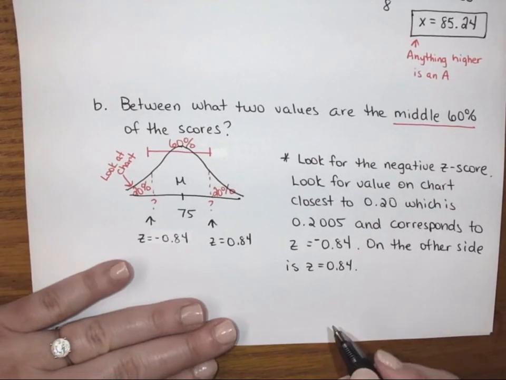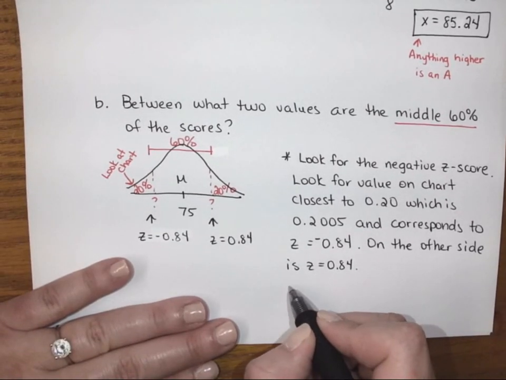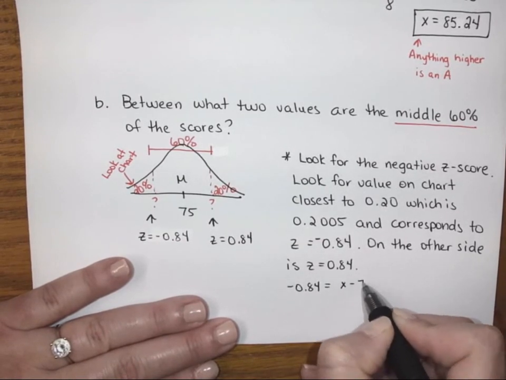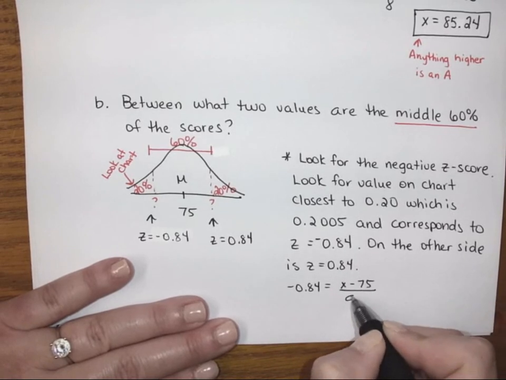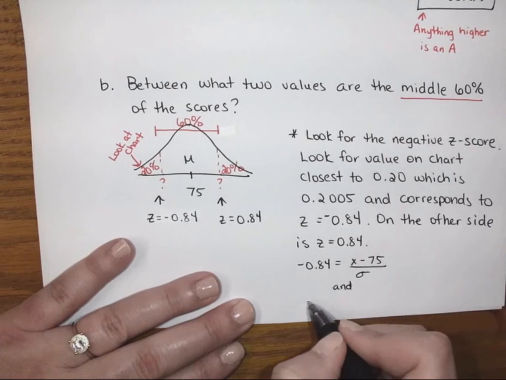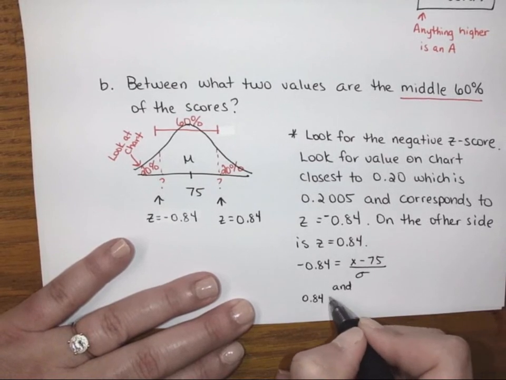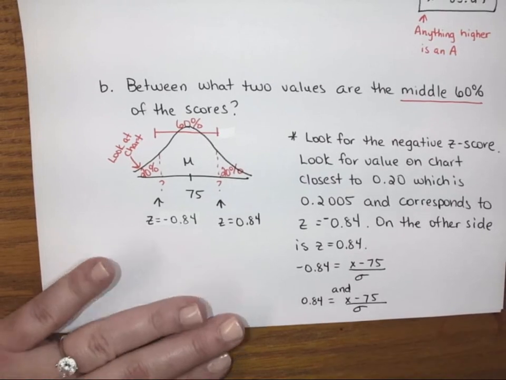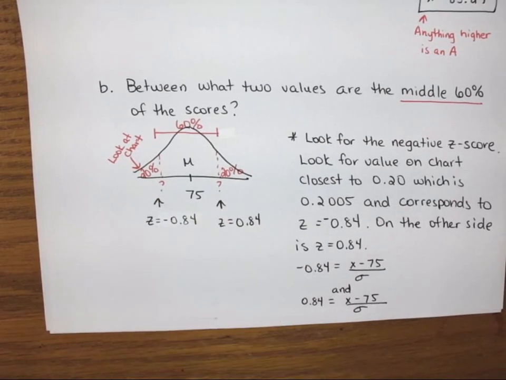All right, so let's see if we can figure this out. So we're going to have two values here. So we're going to say negative 0.84 equals x minus average over standard deviation. But we're also going to have the positive version. Because what we actually want to know is what the x values are there and there.